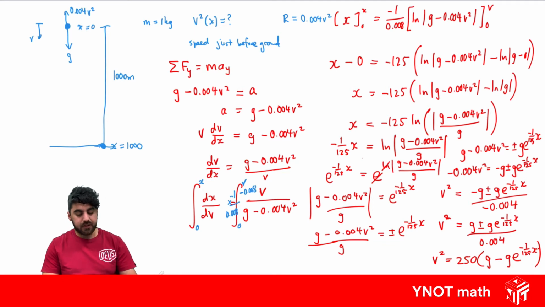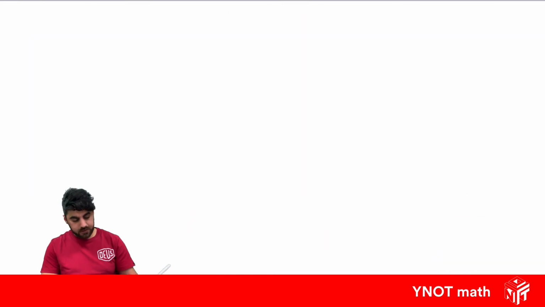Then finally for part 2, we're after the speed just before it hits the ground, and all we need to do is sub in x equals 1000 to work out the speed just before it hits the ground. So remember we had v squared equals 250 outside of g minus g e to the minus 125x.